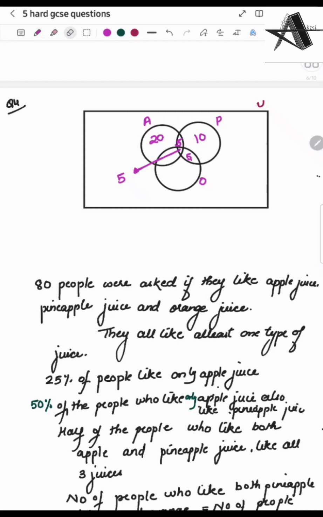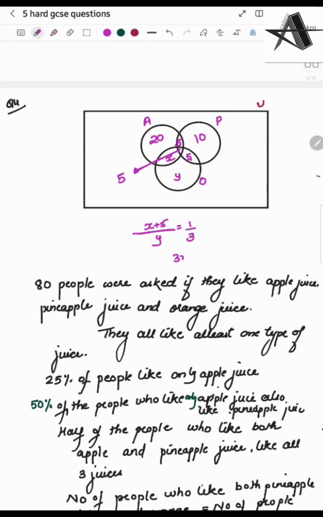So let's say this be x. So this whole will be x plus 5. X plus 5 divided by those who like only orange, let's say y, their ratio is 1 over 3.